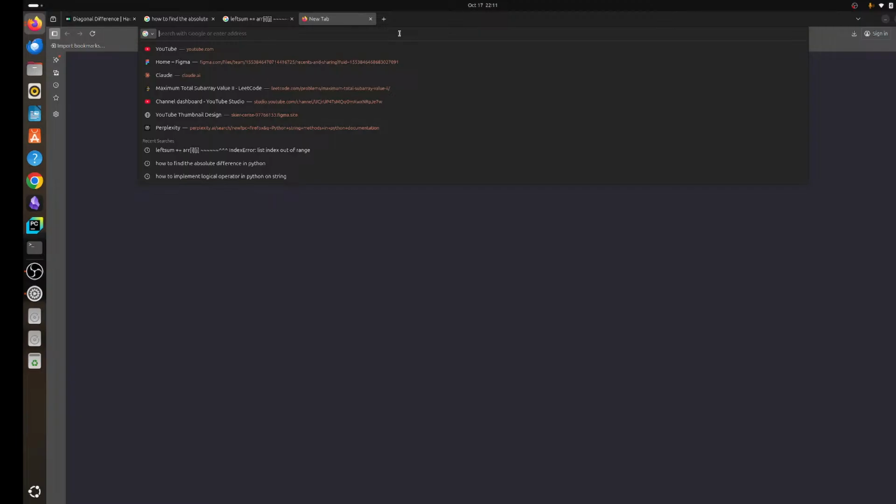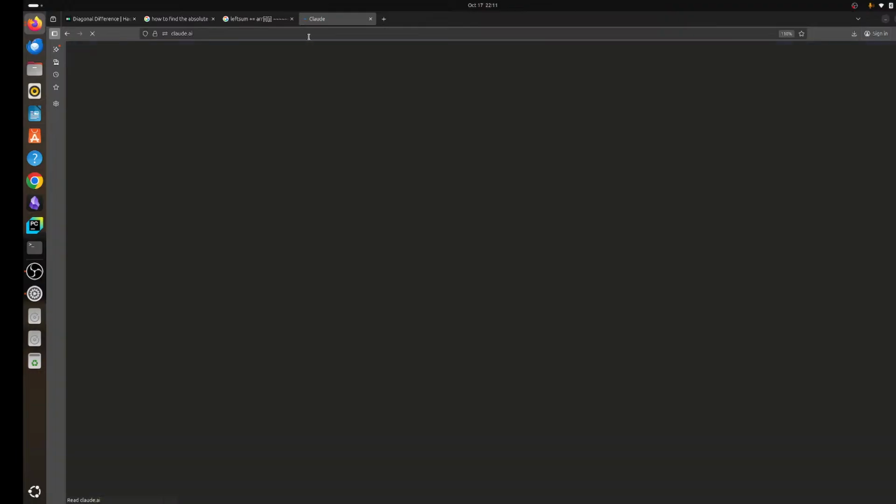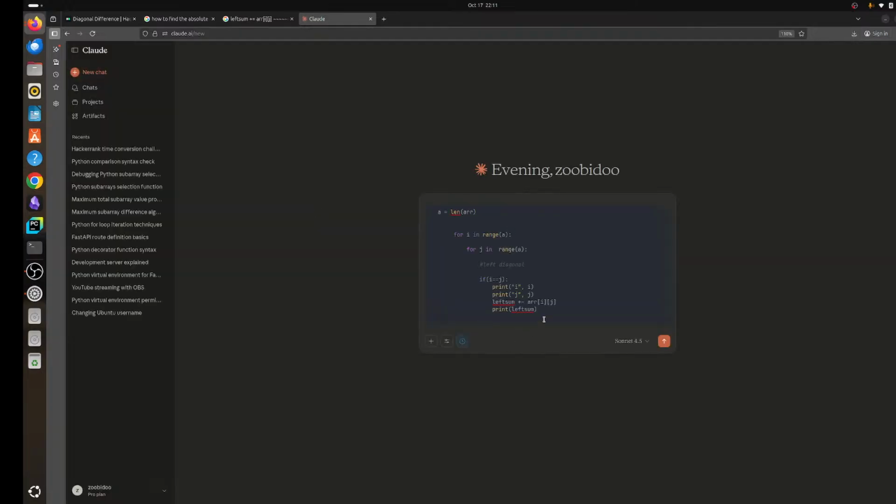Check this. If array is 3 into 3, why is left sum getting index out of bound?